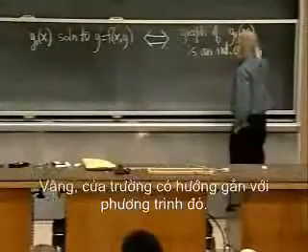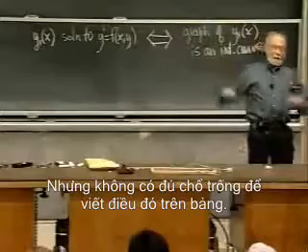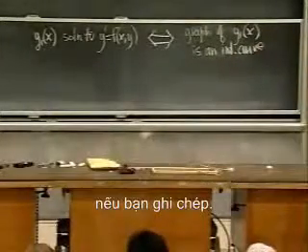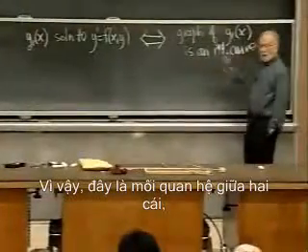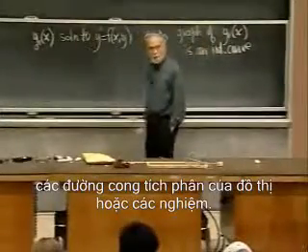Integral curve of what? Well, of the direction field associated with that equation. But there isn't quite enough room to write that on the board, but you can put it in your notes if you take notes. So this is the relation between the two. The integral curves are the graphs of solutions.